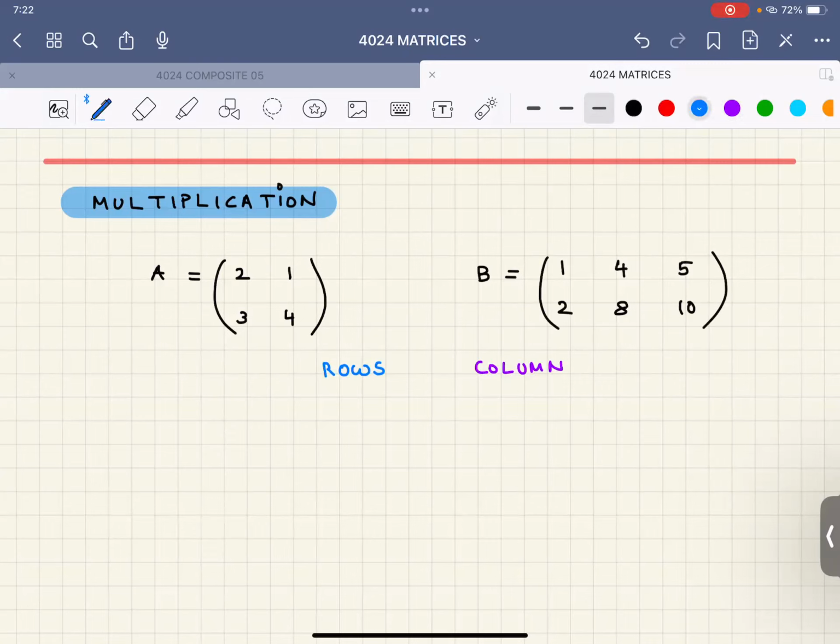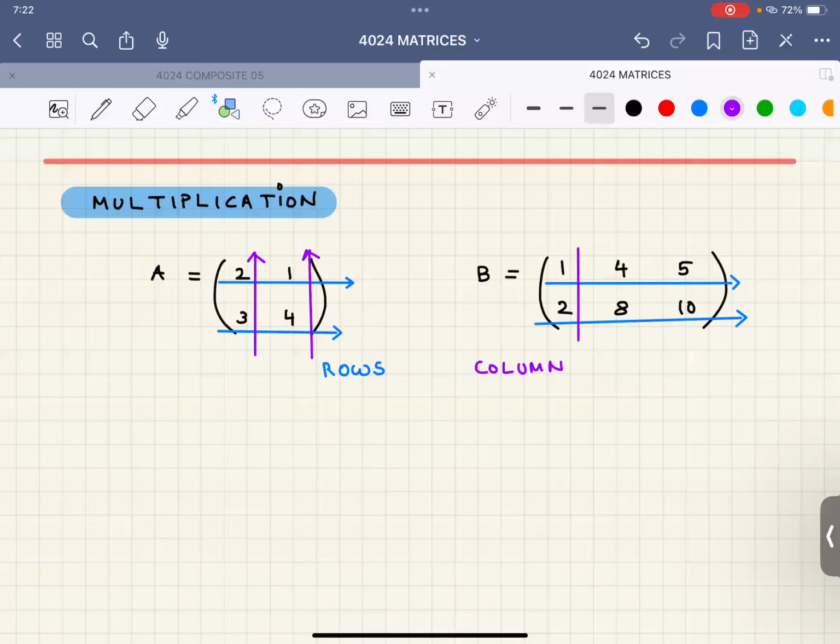So how many rows do we see? In the first matrix, this is one row, and this is the other row. Over here, again, it's one row, and the other row. What about the columns? One column and another column, and then one column, another column, another column.